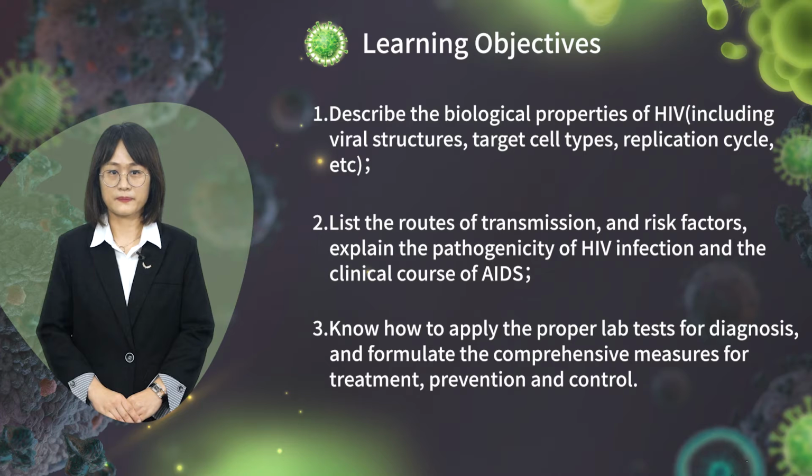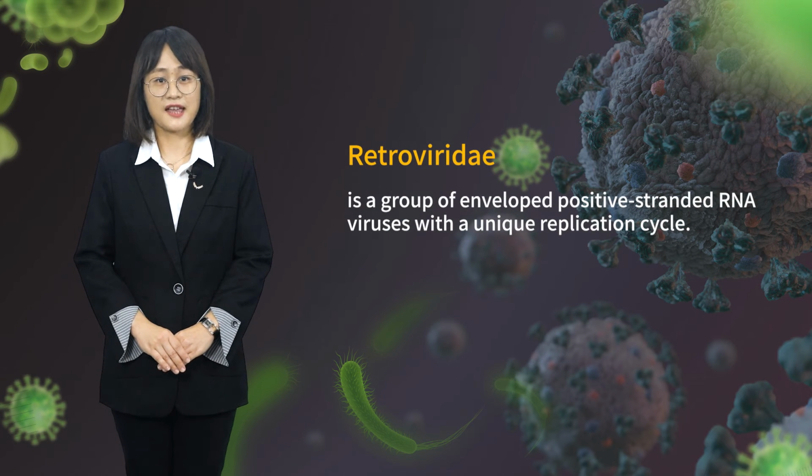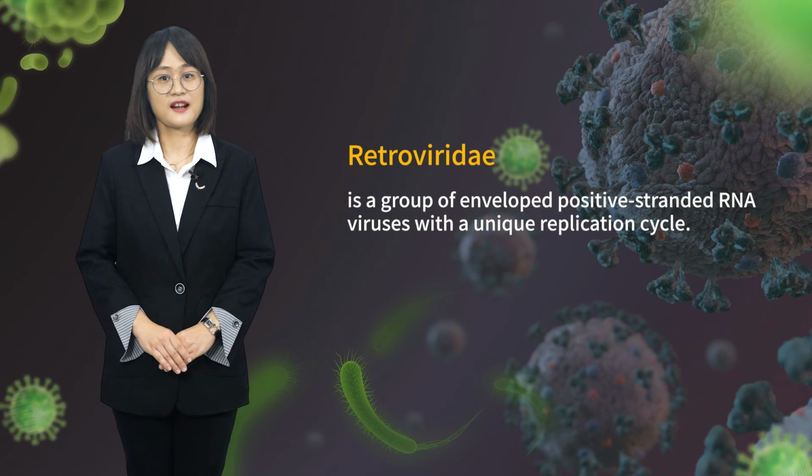control. The retroviruses, Retroviridae, are enveloped positive stranded RNA viruses with a unique replication cycle. According to the diseases they cause, target cells, viral own shape, and genetic complexity, the human retroviruses are classified into 3 subfamilies.